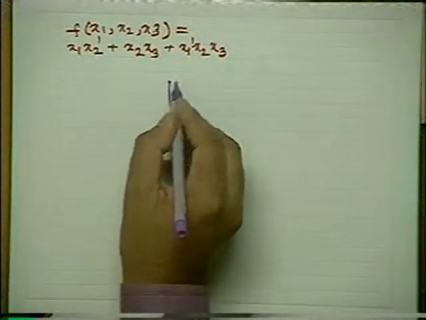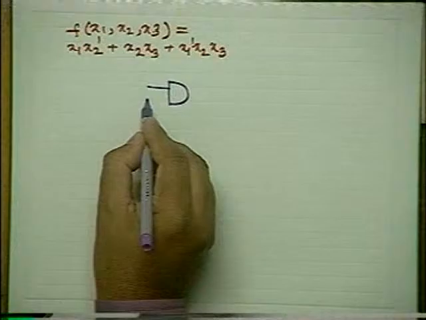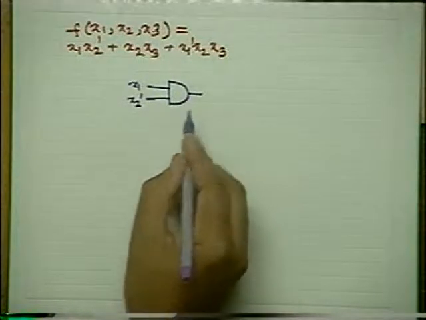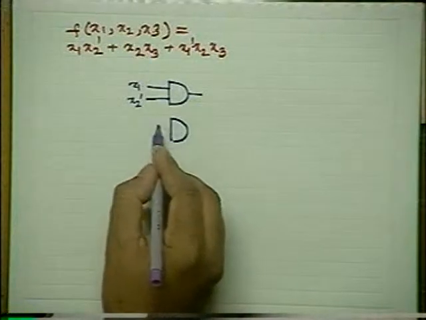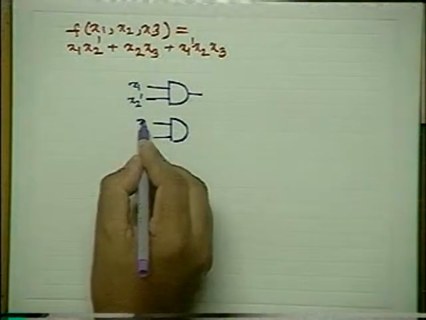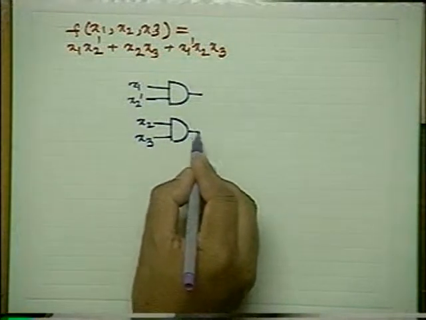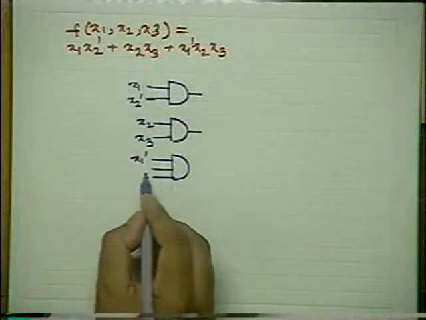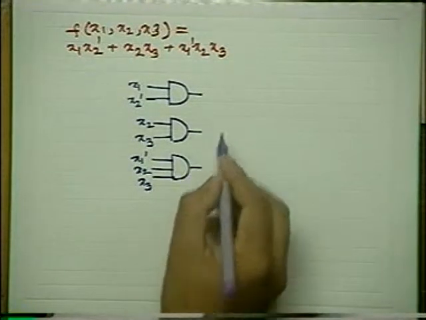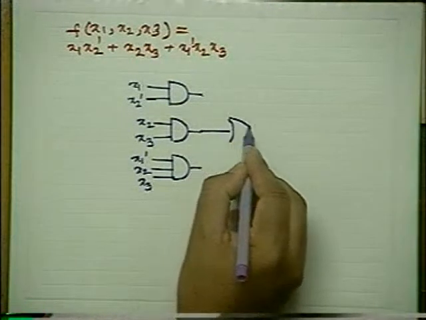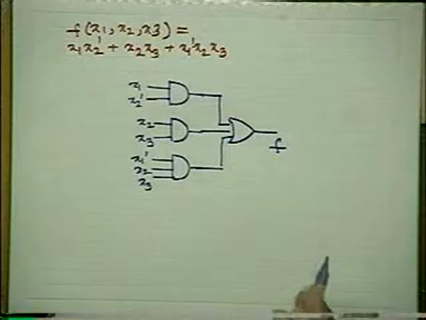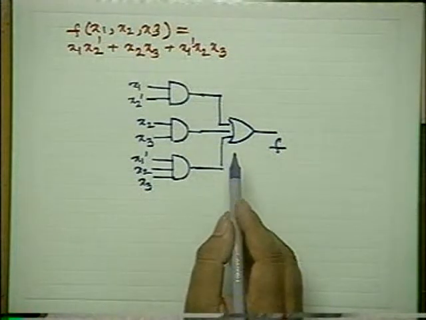We have x1, x2 bar, here we have x2, x3, and here we have x1 bar x2 x3, all of them feeding to, for example, an OR gate, and the output is my F. It's essentially a two-level realization you can think of.